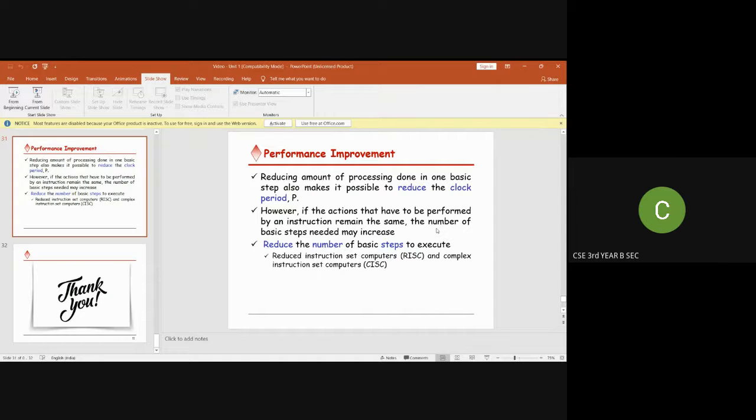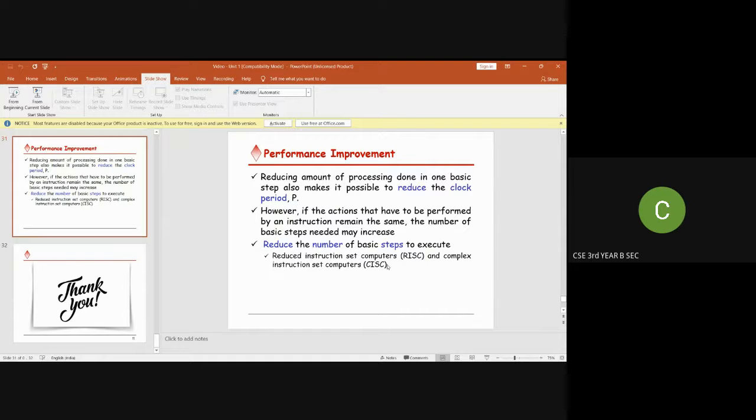And also, if it is possible, we can reduce the clock period P, and we can reduce the number of basic steps to execute. This can be done by using different computer sets called reduced instruction set computers and complex instruction set computers.